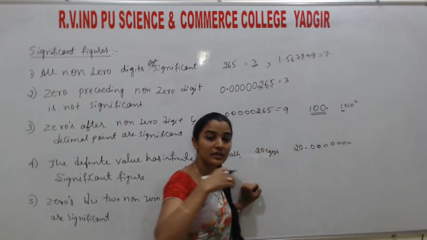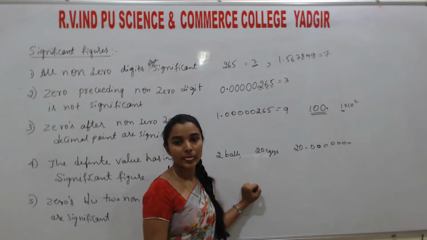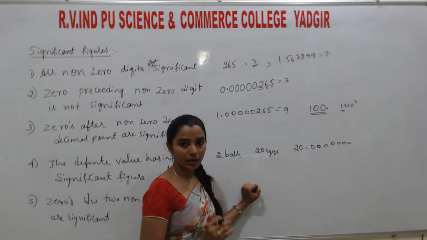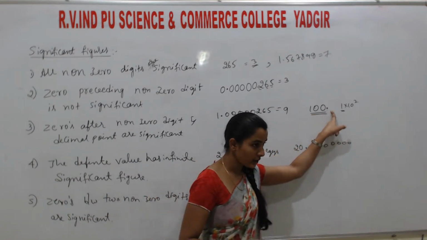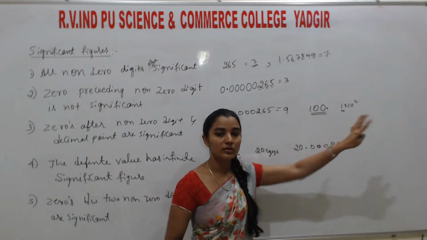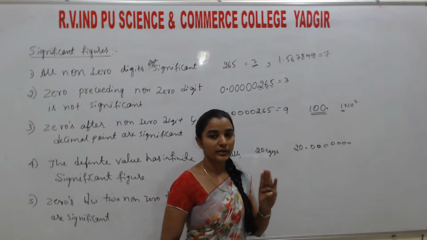So those all zeros are significant, that means infinite significant figures. If they give any one value, a definite value, if they give 100 with a decimal point, then the value is 3. Okay, significant figures is 3.